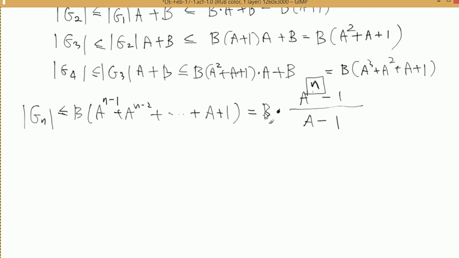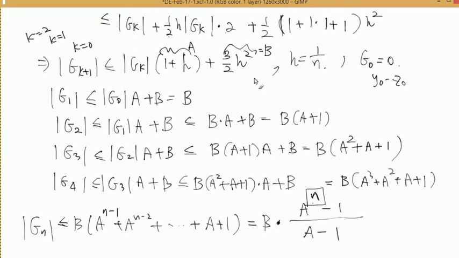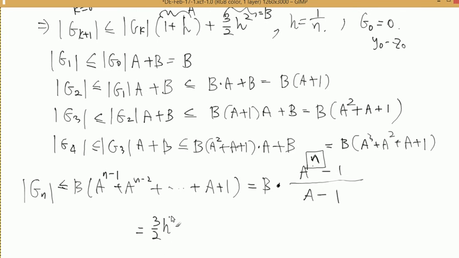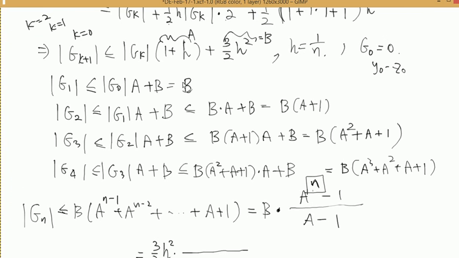All right. Okay. Let's go plug back in there. What's B? B was this 3/2 h squared, right? Fair enough. That was B. And what was A? A was 1 plus h, right?